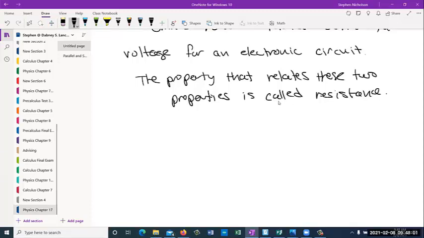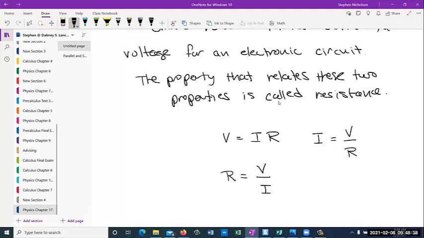Ohm's law says it's a linear relationship: the voltage is equal to the current times the resistance, or if you solve for resistance, resistance is voltage divided by current, or the third version is current equals voltage divided by resistance. They're all the same equation.